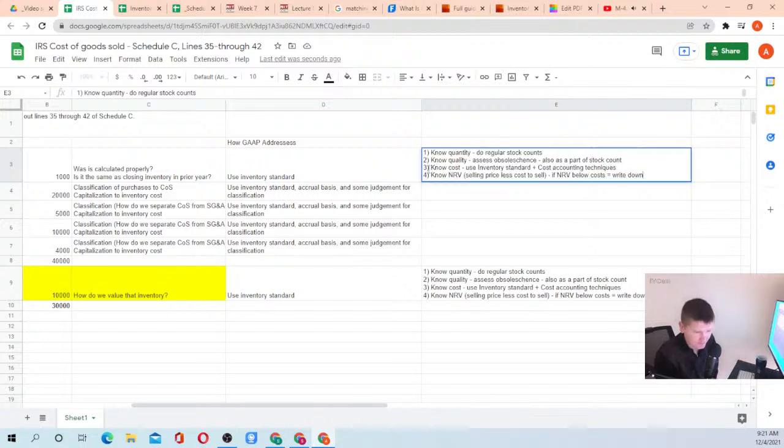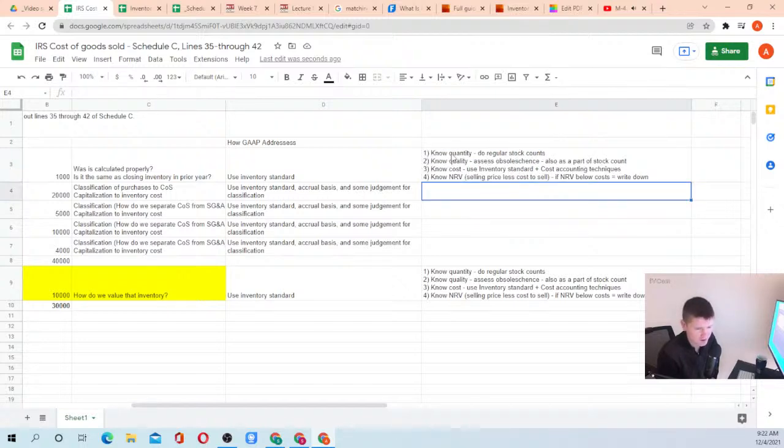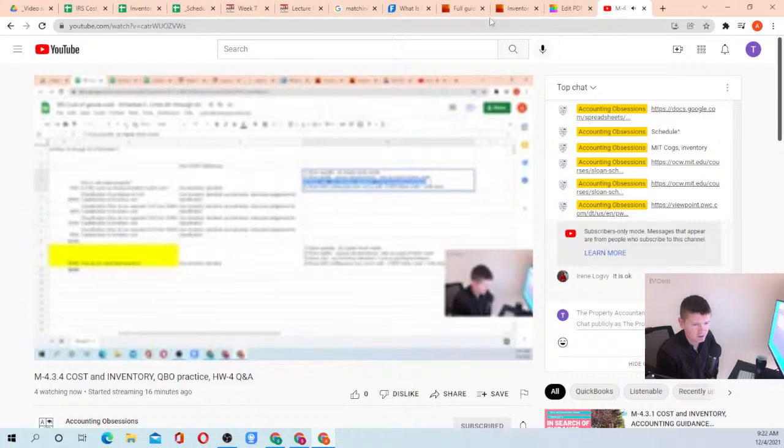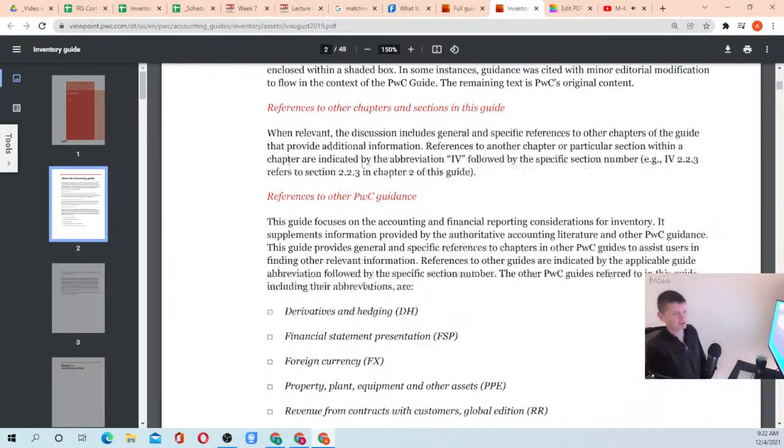But for this part, you will need a very good knowledge of cost accounting. And for this part, it will be enough to know the inventory standard and be ready to read it.